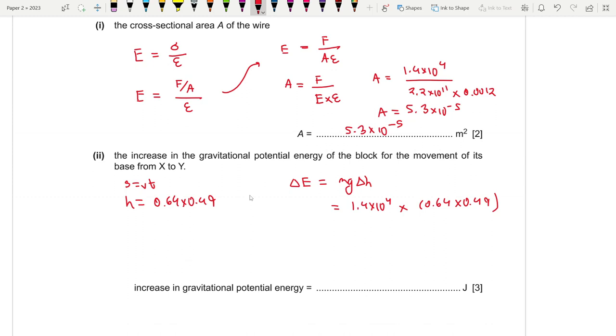So 0.64 times 0.49 times 1.4 into 10 power 4 gives us a value of 4390.4. Now, since our data is given to 2SF, I'm going to round it off to 4,400 joules, or 4.4 into 10 power 3. That's what they wrote. Same thing.